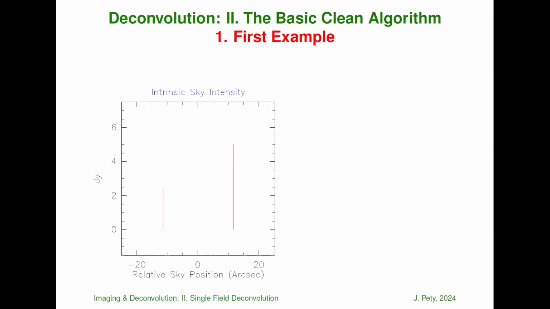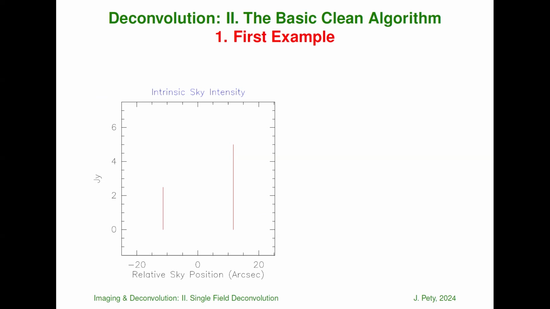This is a toy experiment in one dimension, because it's much easier to understand, where we have the flux in Jansky as a function of position on the sky. Let's assume the intrinsic sky intensity is made of two point sources, one of 2.5 Jansky at this position and one of 5 Jansky at this position.